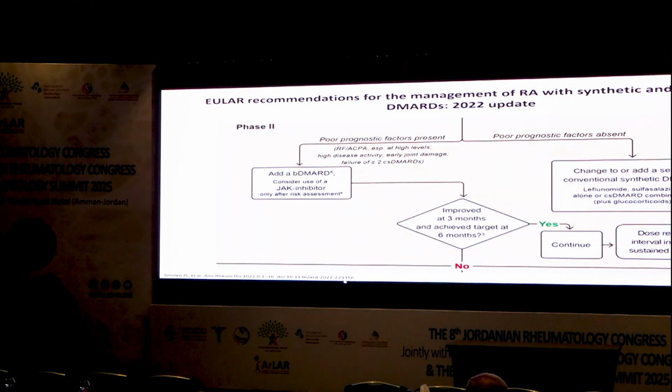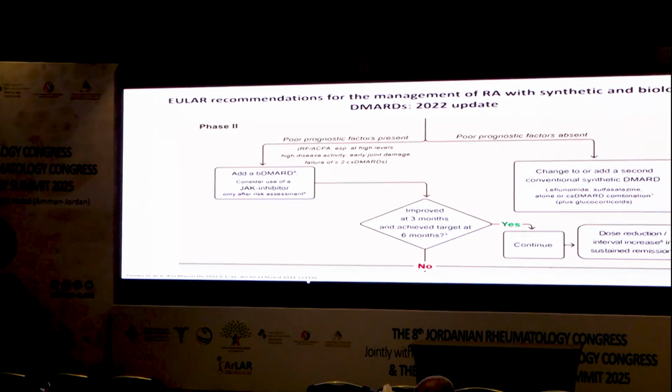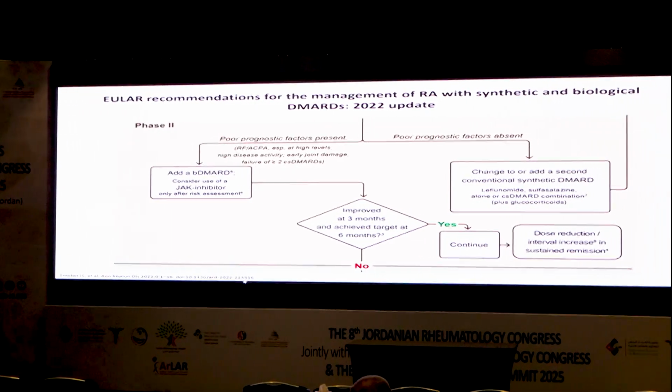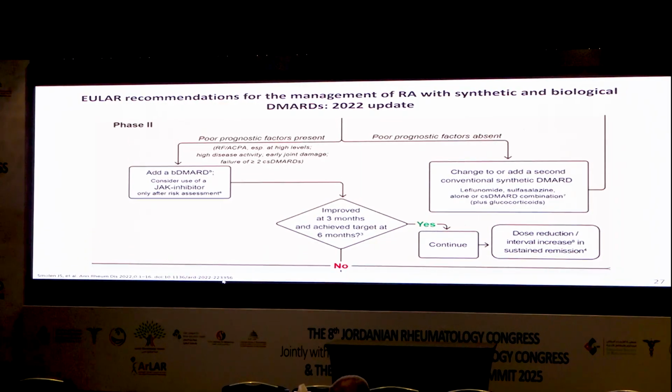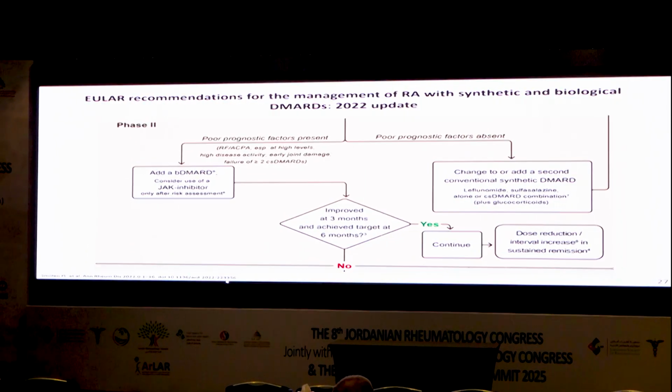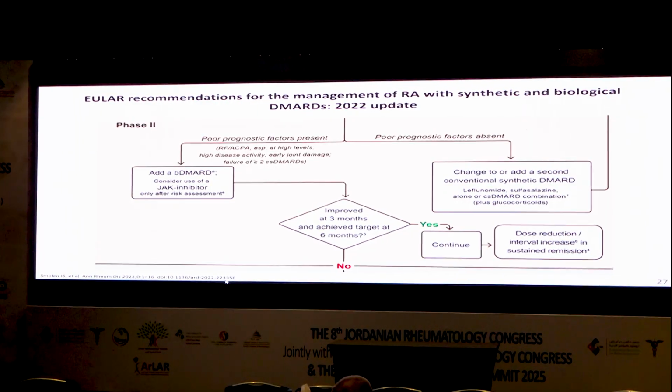In phase 2, if poor prognostic factors are absent, we can change to or add a second conventional synthetic DMARD to what the patient had. If the patient has prognostic factors, in the form of elevated titers of rheumatoid factor and anti-CCP, high disease activity, early joint damage, or failure of conventional synthetic DMARDs, we can add a biologic DMARD, and we can consider the use of a JAK inhibitor only after risk assessment.